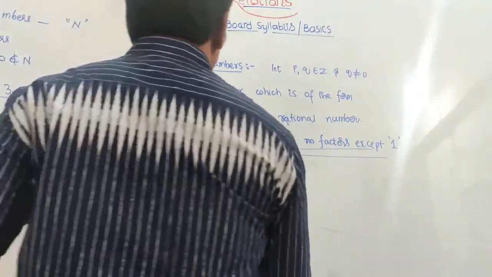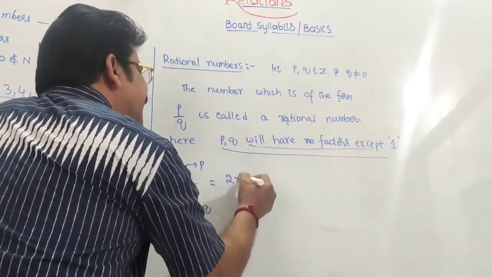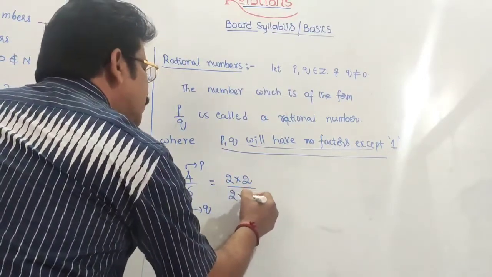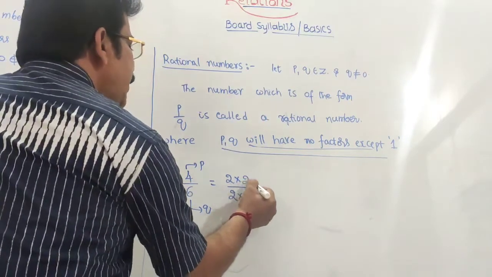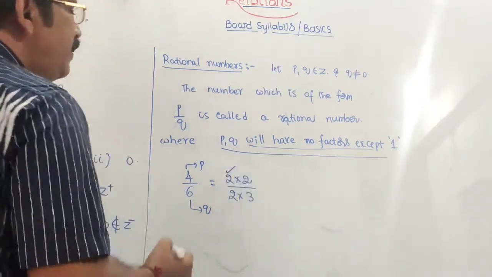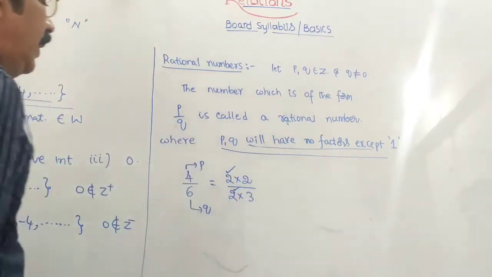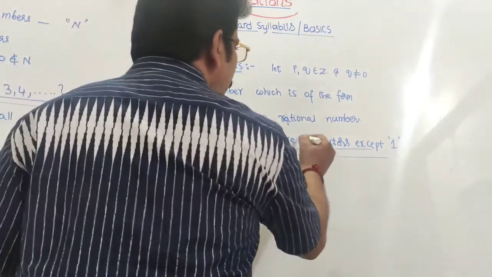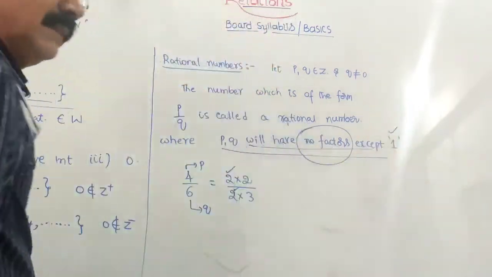No, 1 minute. 4 can be written as 2 into 2. 6 means 2 threes are 6. So therefore, in the numerator, 2 is a factor, and the denominator also will have the factor 2. What I said, no factor should be there except 1.